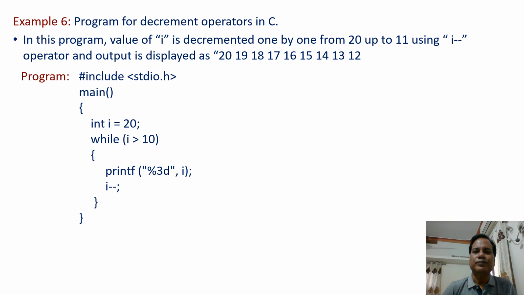So the values of I from 20 to 12 get printed, and after that when the value is decremented, its value becomes 10. And when its value becomes 10, 10 > 10 becomes false. So in this way the values from 20 down to 12 get printed on the output screen.